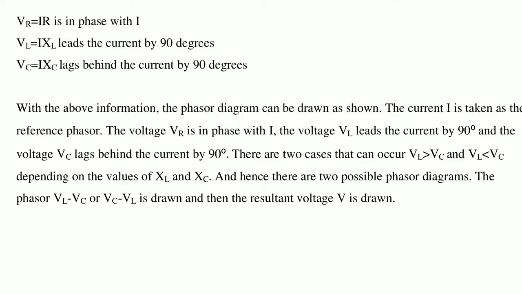So VL greater than VC, and in the other case VL less than VC, depending on the values of XL and XC. Hence there are two possible phasor diagrams.